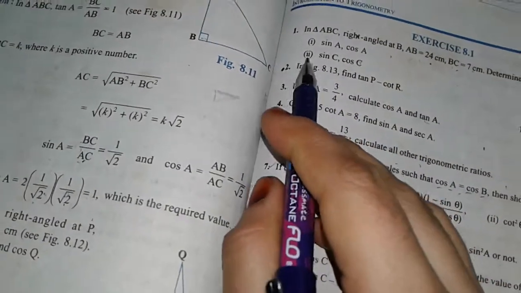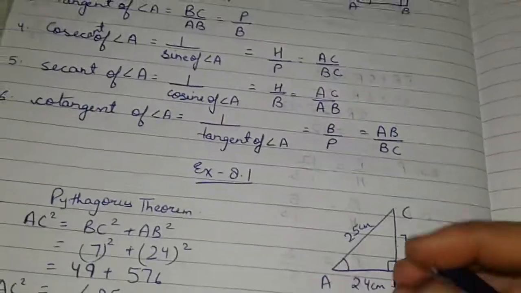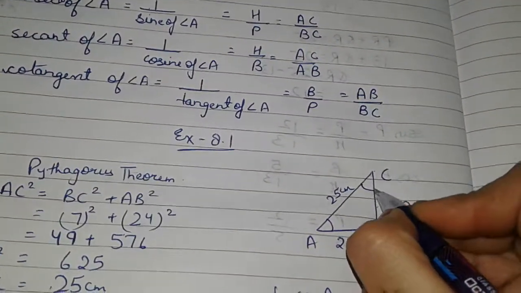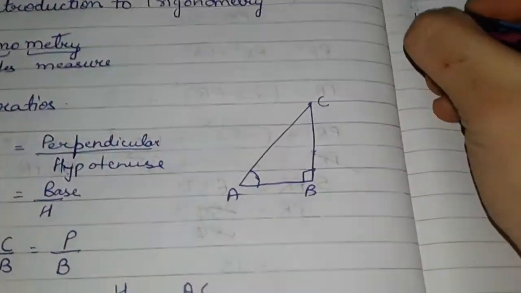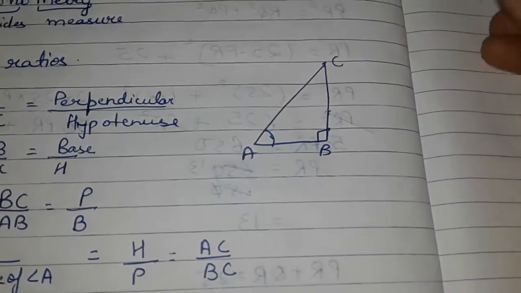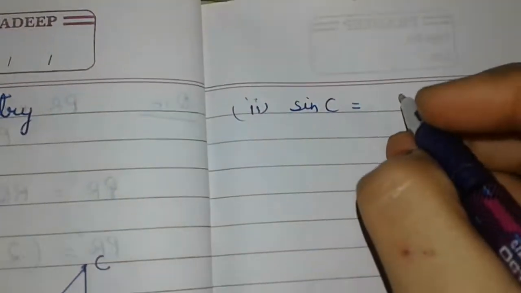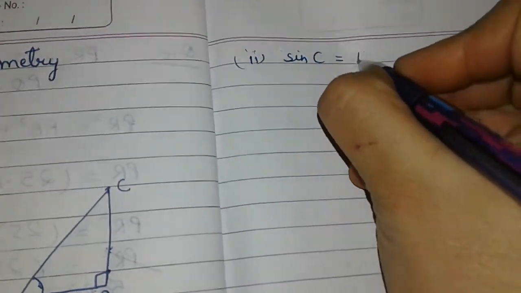Now I have to calculate the second part, sin C and cos C. Now the angle is changed here. Now I have to calculate for this angle sin C. Sin is perpendicular upon hypotenuse.